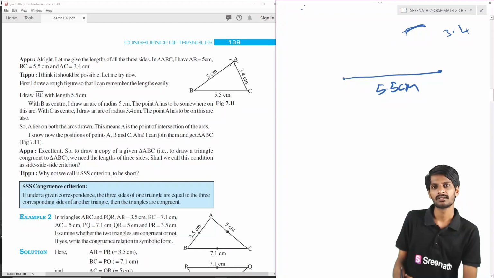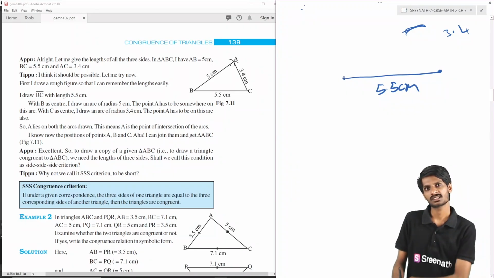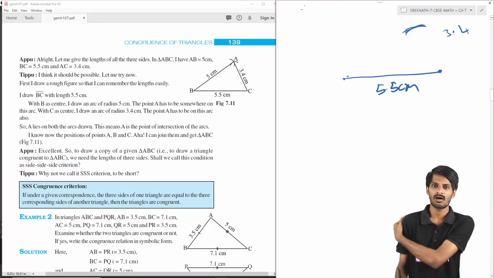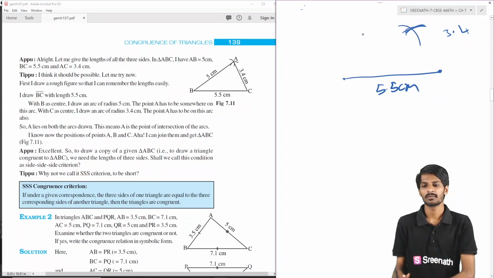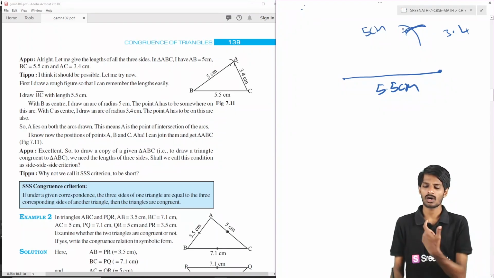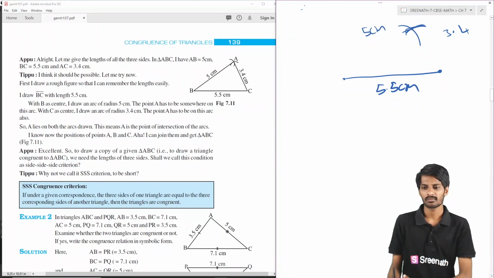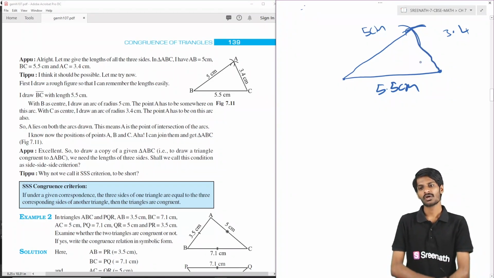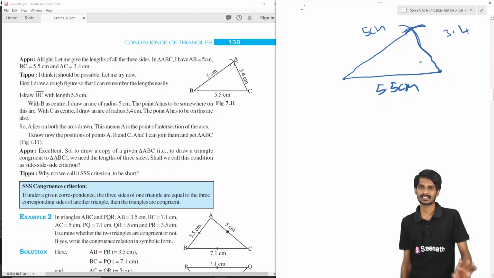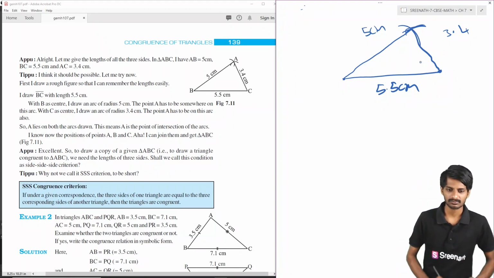From the other end, we draw another arc with radius 5, so that the two arcs coincide at one point, and from that point to both ends of the line segment you draw straight lines. So this is the triangle, students. It is exactly the same as triangle ABC.